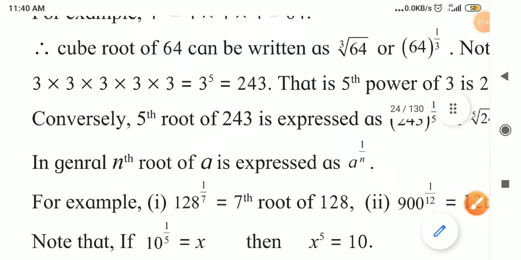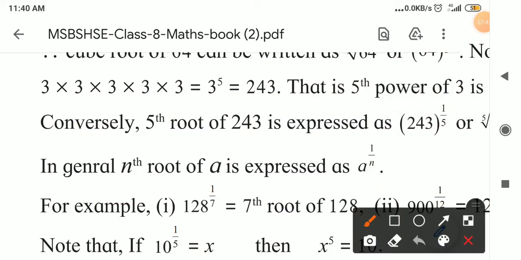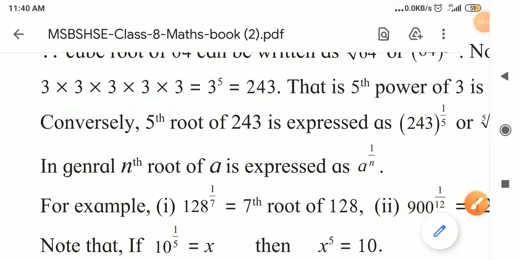Now here we will see how many times multiplication of 3 has been done. 1, 2, 3, 4, 5. 3 raised to 5. 3 raised to 5 means its answer is, if you do the multiplication, 3 3s are 9, 9 3s are 27, 27 3s are 81, and 81 3s are 243. So 243.